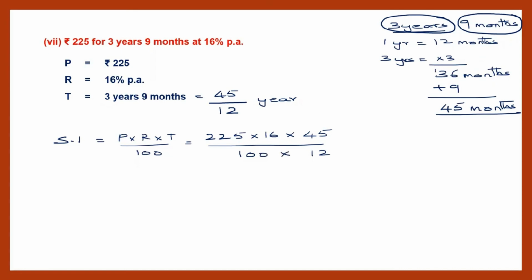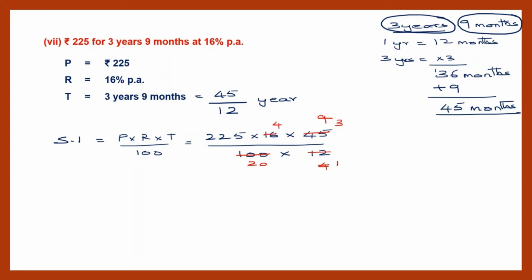So now let's see what we can cancel. We can cancel 100 and 225 by 5, or 45 also by 5. So let's do this. 5 2s are 10, 0. 5 9s are 45. Now I can cancel 9 and 12 both by 3. 3 3s are 9, 3 4s are 12. Now I can cancel 4 and 16. 4 1s are 4, 4 4s are 16.